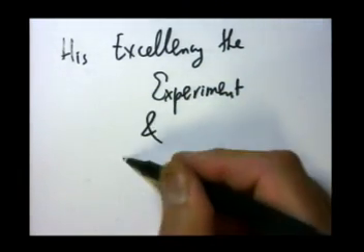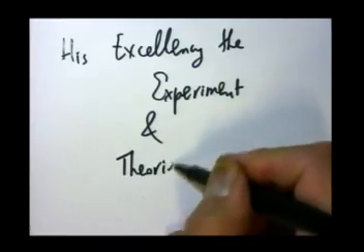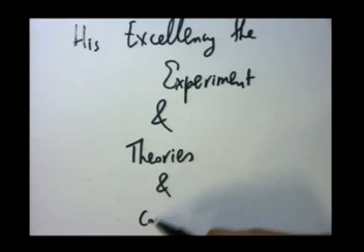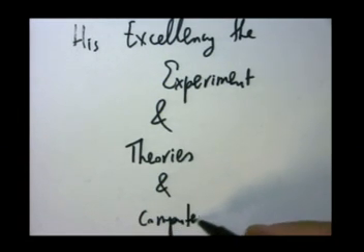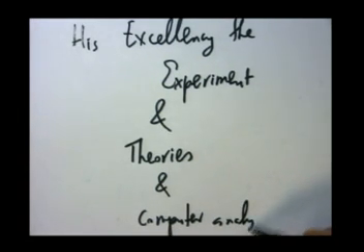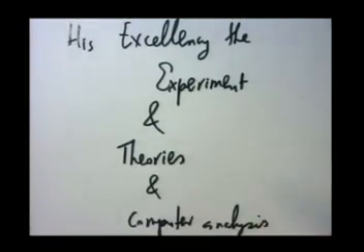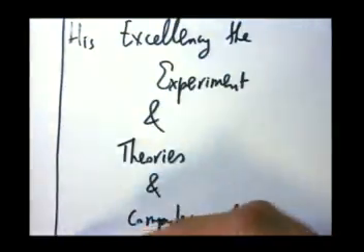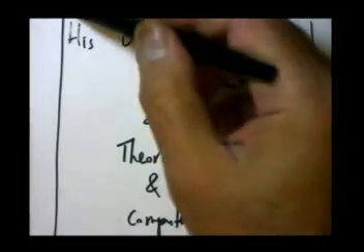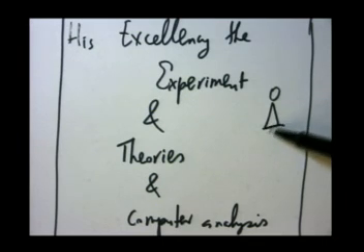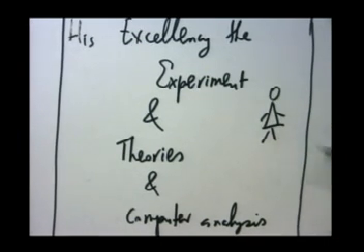So actually we need these things: theories, and of course computers, computer analysis. So we need three things actually. Of course there is a big need for the engineer himself or herself.